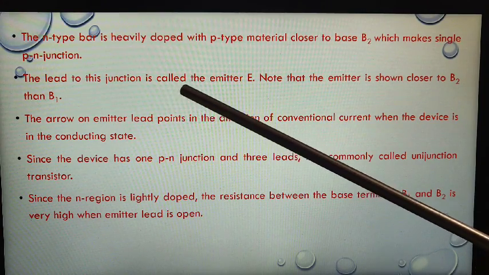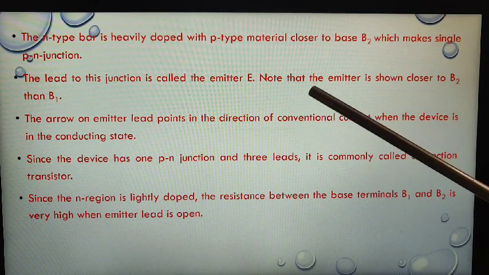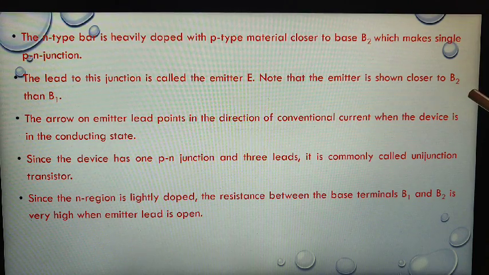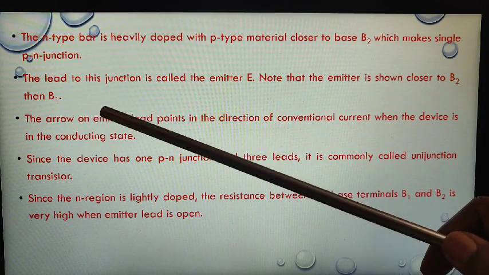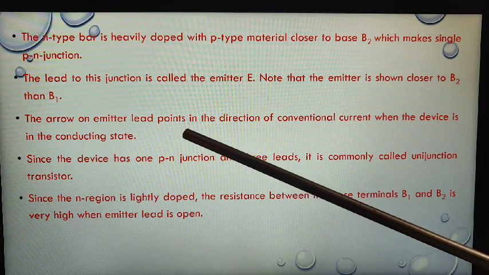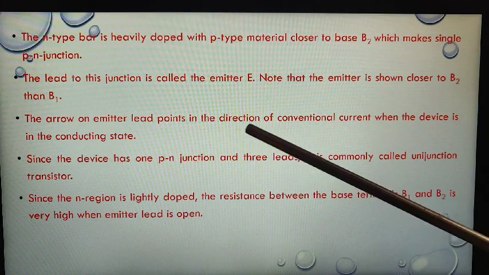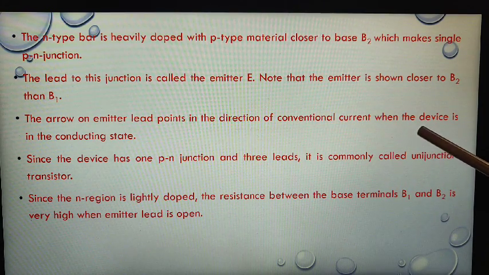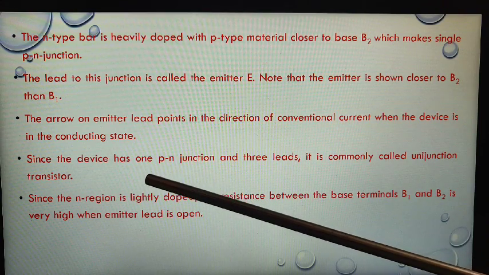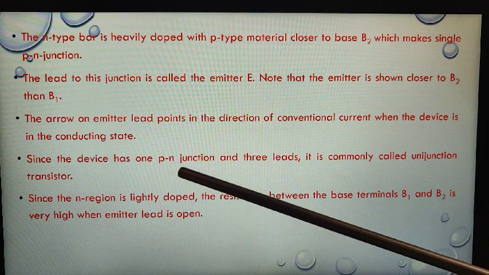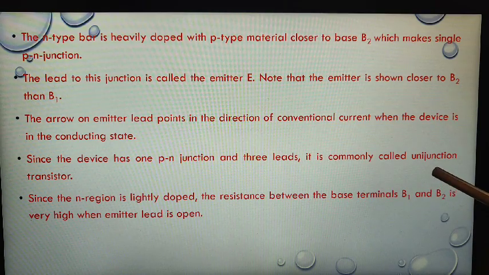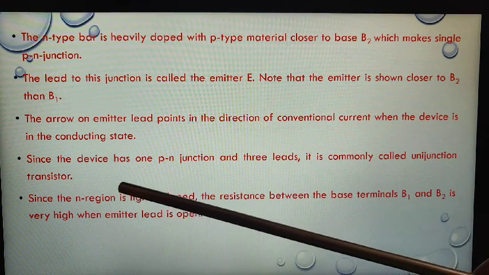The lead of this junction is called the emitter E. Note that the emitter is shown closer to B2 than B1. The arrow on the emitter lead points in the direction of conventional current when the device is in the conducting state. Since the device has one PN junction and three leads, it is commonly called a unijunction transistor.